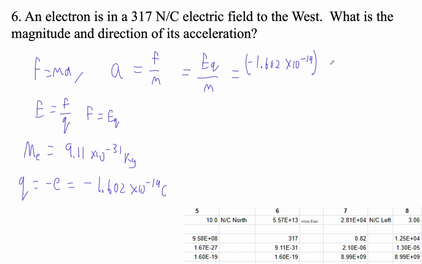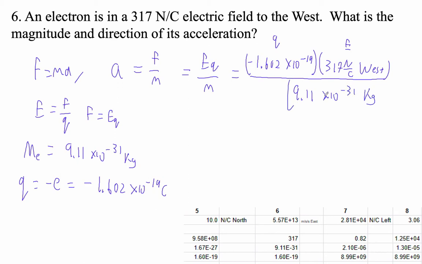That's my Q, sorry. And then my E is 317 newtons per coulomb west. And then my mass is 9.11 times 10 to the minus 31st kilograms. I typed in this is Q and that's E, sorry about that. And our masses are all positive, right? Okay.